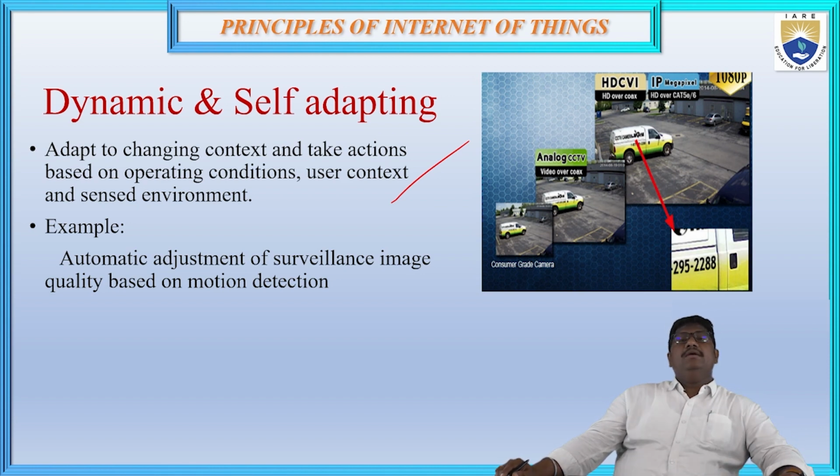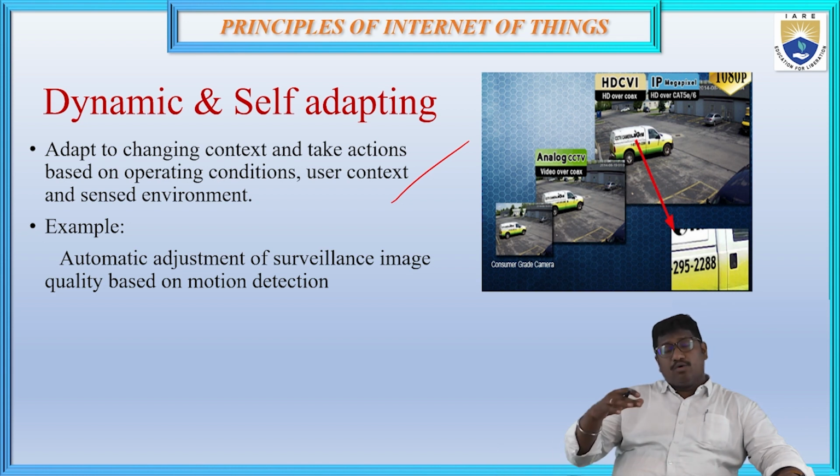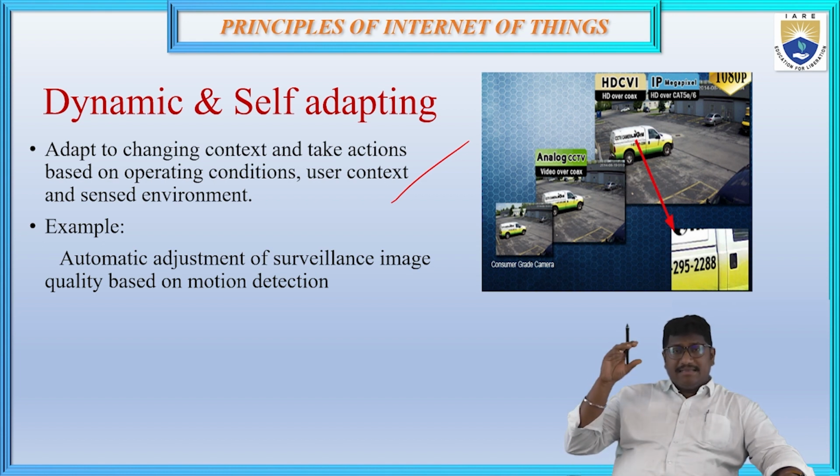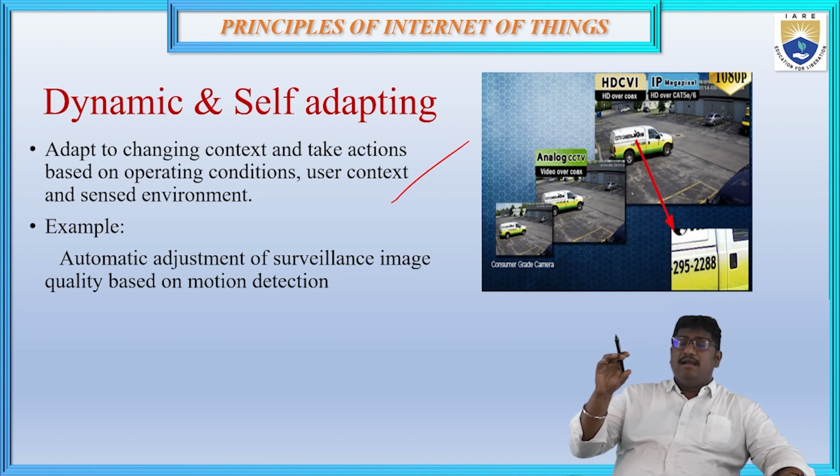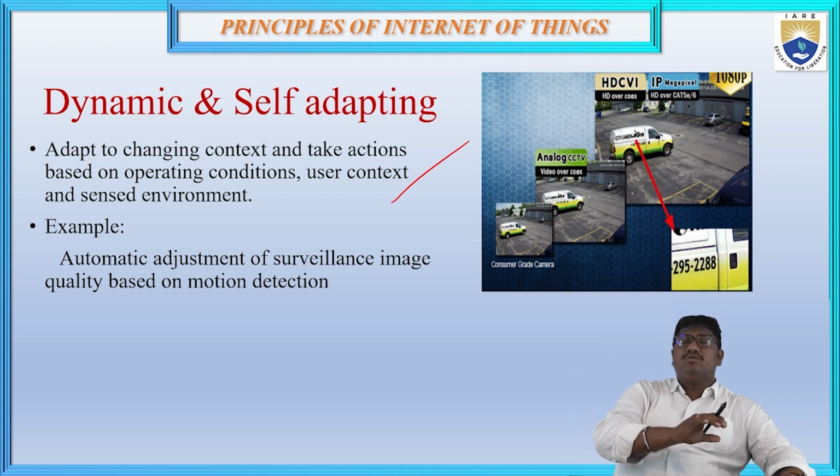Suppose there are some vehicles placed in your parking area, and they are wrongly parked, or while parking a car, an accident has happened. Automatically the surveillance camera placed in the parking area is going to identify that so and so vehicle driver has rashly driven the car and made damage to so and so car.